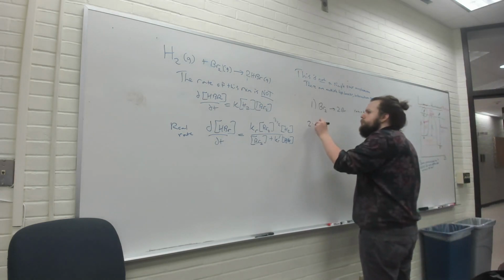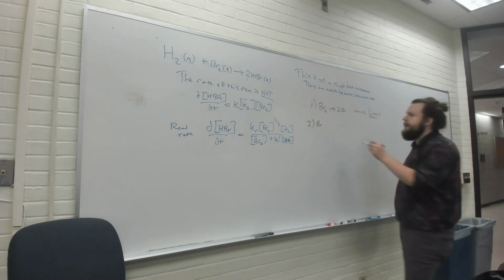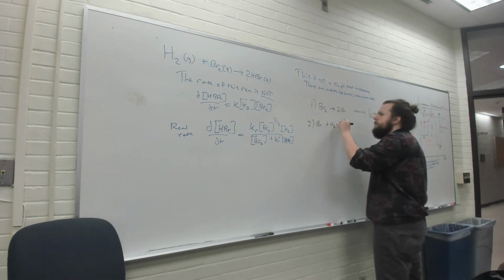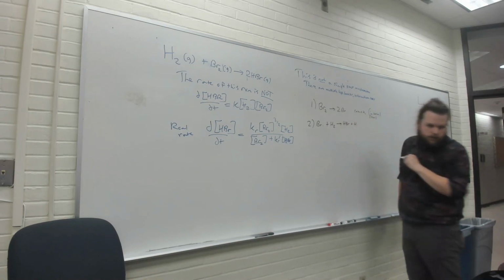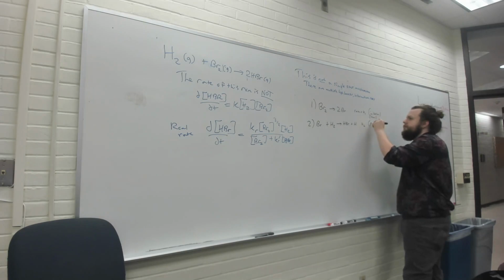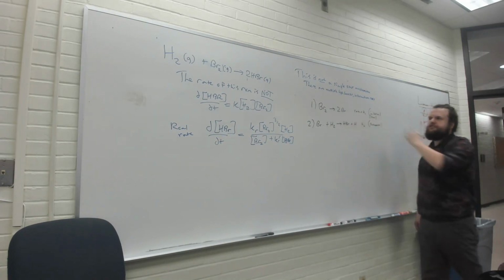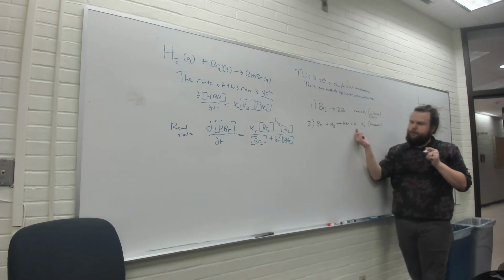And then we can do chemistry with that new bromine atom by having it react with H2 to form HBr and a hydrogen atom. We'll give this rate K2. This is what's called propagation. We're moving that free radical from one species to another, getting rid of the free electron on the bromine and putting it on the hydrogen.